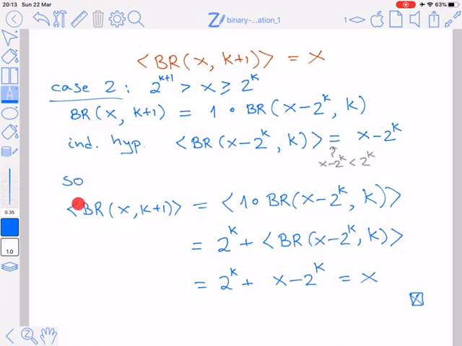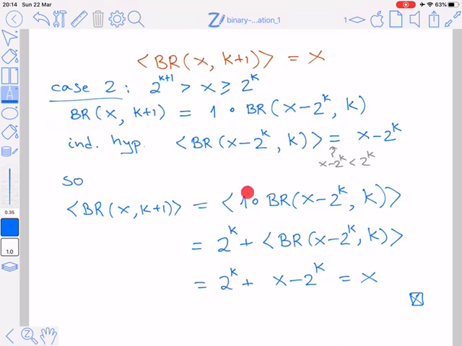Okay, what do we conclude? That the binary string that the algorithm outputs represents the number which is represented by the string in which the most significant bit is 1 and the remaining bits are computed recursively. Now, this 1 has a weight of 2 to the power of k because it appears after k bits. So its index is k, because the bits here have indices from 0 to k minus 1.